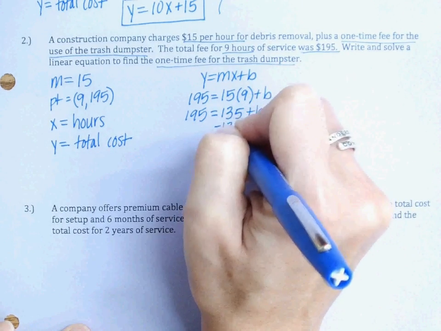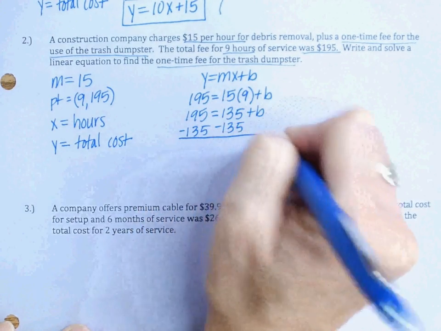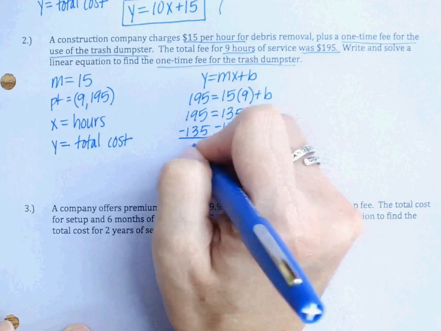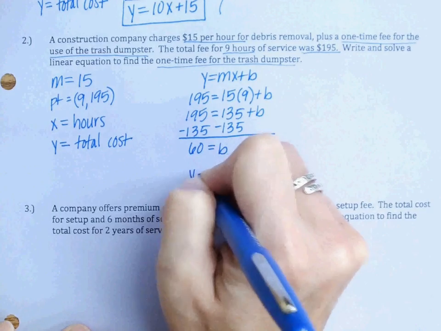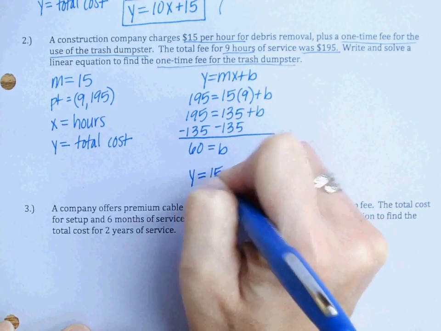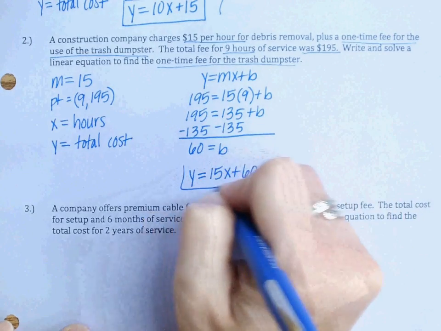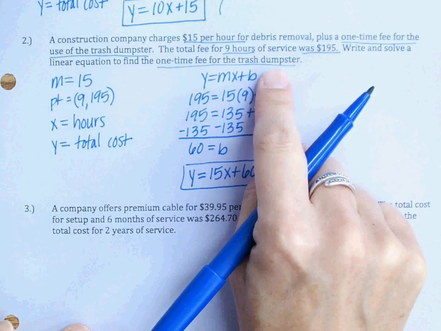We'll subtract 135 from both sides. And so we get 60 is equal to b. So my equation is y equals 15x plus 60. The one-time fee for the trash dumpster.